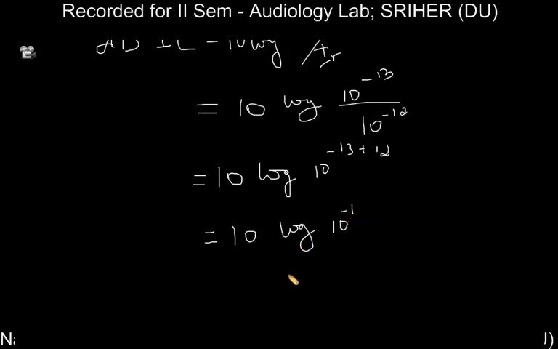So as log is present, the exponential will be brought in front of the log. That makes the equation 10 multiplied by minus 1 log of 10.